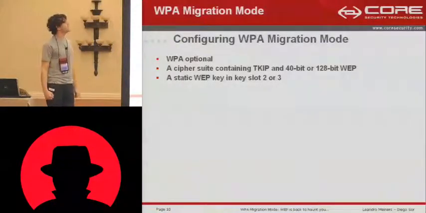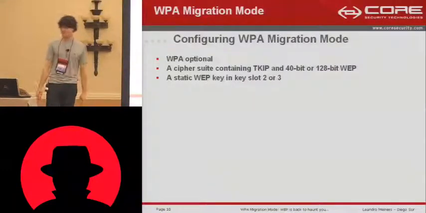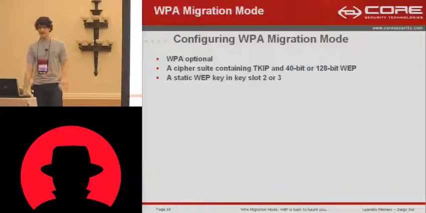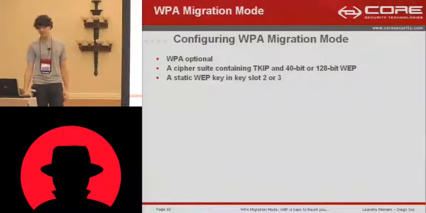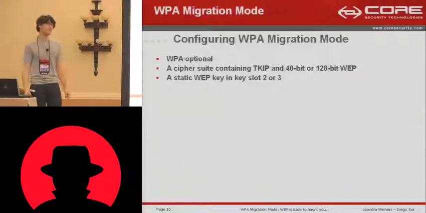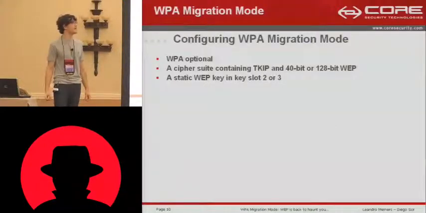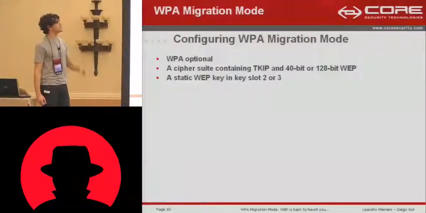So WPA becomes optional, from Cisco's documentation. A cipher suite containing TKIP and 40-bit or 128-bit WEP configuration, and a static WEP key in key slot 2 or 3. This is one of the differences we find with the typical WEP configuration, because it is a requirement to put the key in slot 2 or 3.